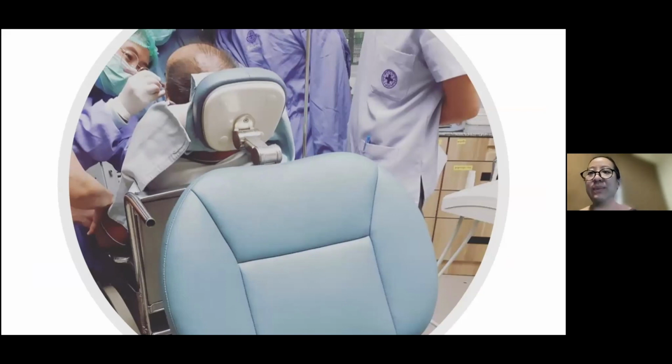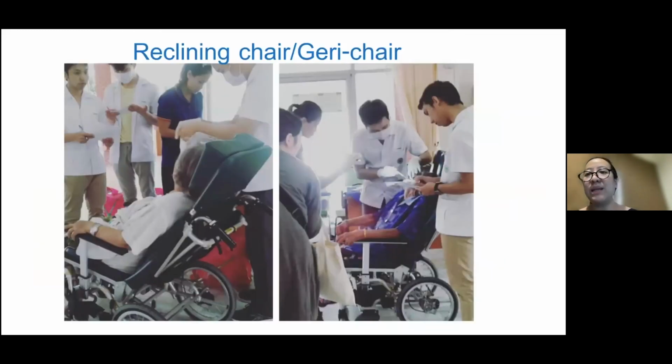And it can still be close enough to the dental suction. And if the patient comes with a reclining chair, a geri chair, you don't even have to transfer the patient. You can do the treatment within the reclining chair with the head support. So the head support is the most important part.